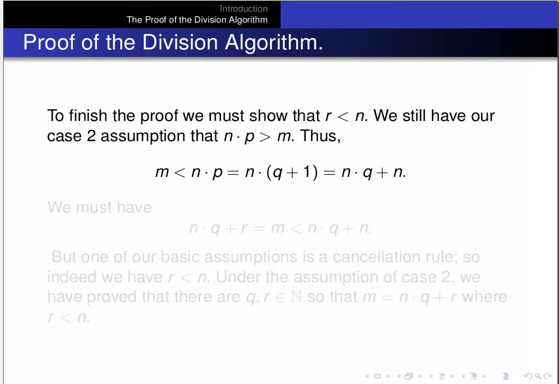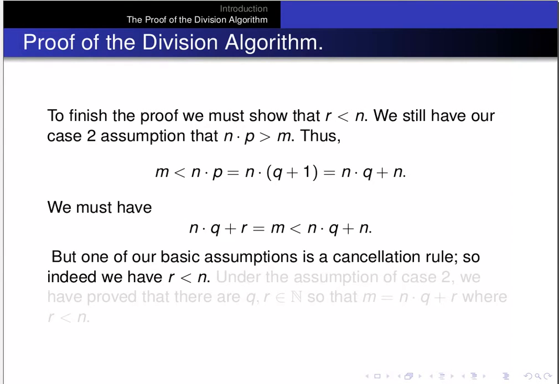Now, back in the previous slide, we had just seen that m is equal to n times q plus r. So m is equal to n times q plus r, and that's strictly smaller than n times q plus n. And here's where we're going to use one of our cancellation properties of addition. On the left-hand side of that inequality and on the right-hand side, we have n times q. So by our cancellation property, we can cancel the n times q from both sides of the inequality, and we're left with r is less than n.